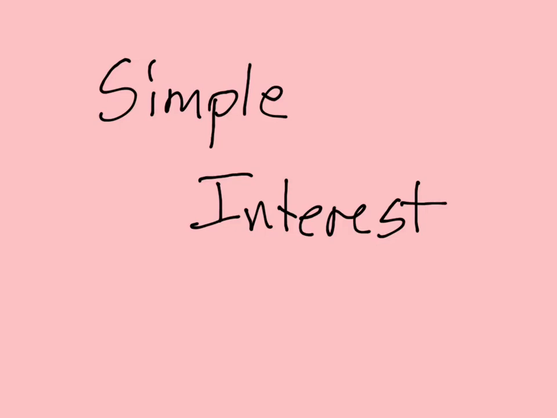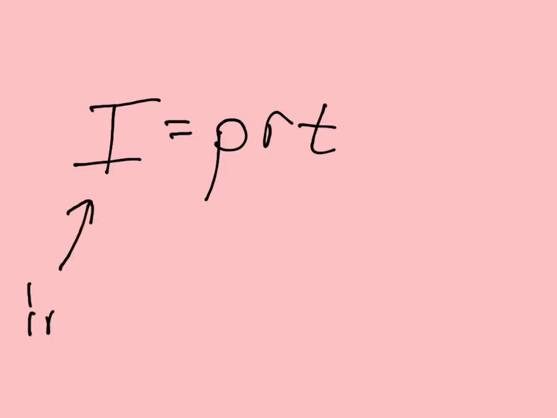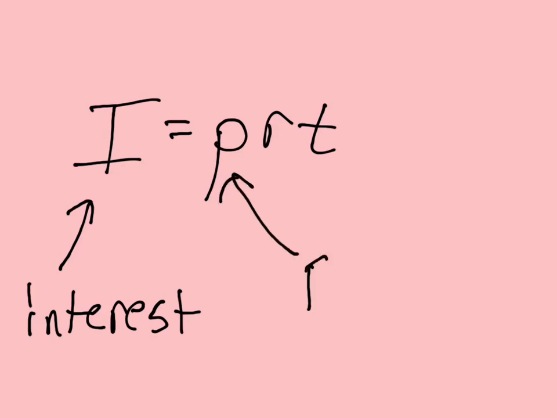And so simple interest has a formula called I equals PRT. And I is the interest. That's the amount of money that you make or pay for somebody to borrow or loan you money. And P is the principal. And that is the amount of money you are borrowing or loaning or starting with or putting in the savings account.